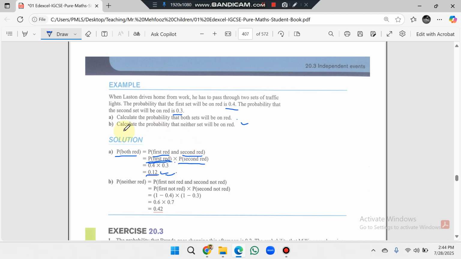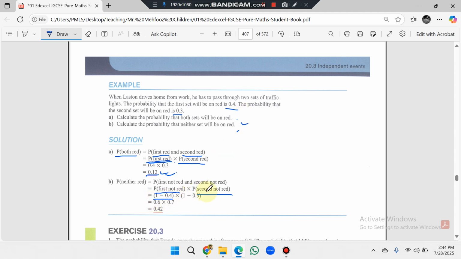Now we solve part B, in which we have to calculate the probability that neither set will be red. So we have to find the probability of first not red and second not red. Again we use the formula: probability of first not red multiplied by probability of second not red. The probability of first red is 0.4, so first not red will be 1 minus 0.4.